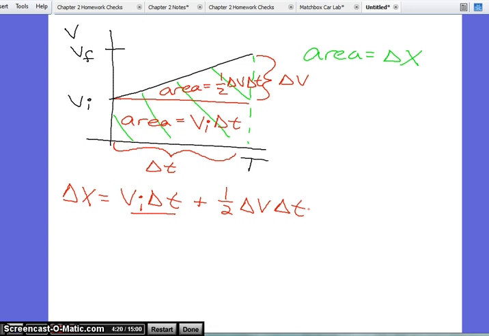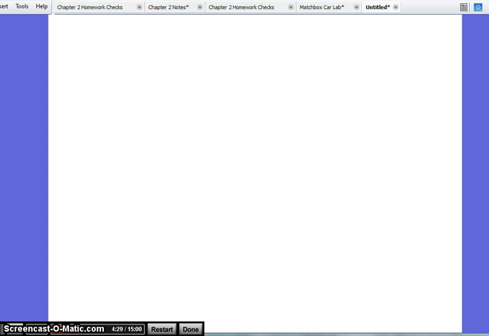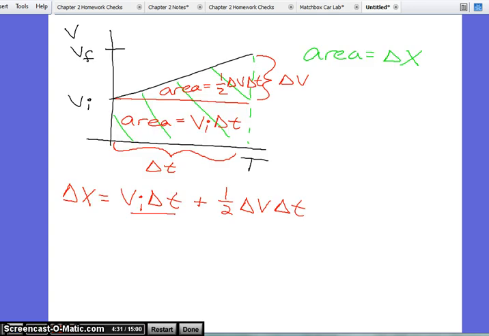Now looking at our first equation, we'll rearrange the second part of this equation. As a side note, delta v is equal to A times delta t. So that's just the first equation rearranged.